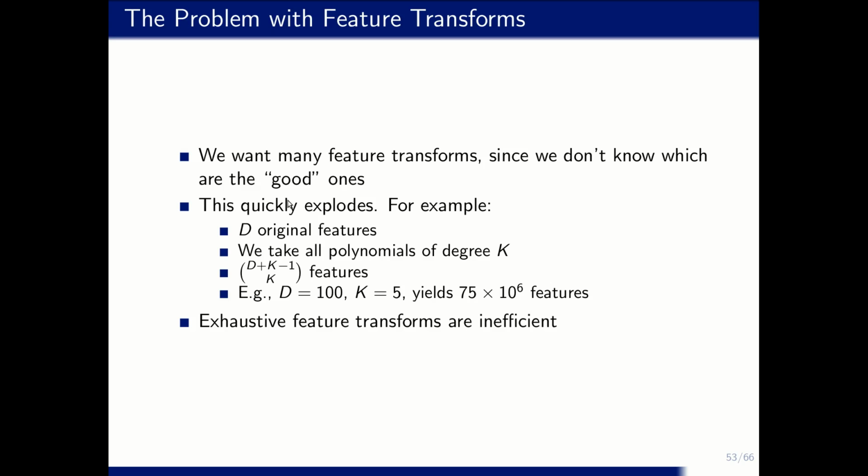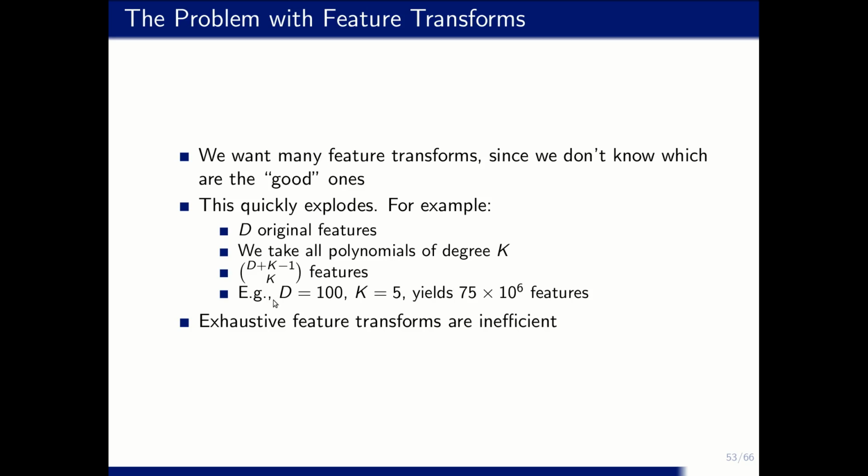So there's a main problem with feature transforms. We actually want to take many feature transforms, because a priori it's sometimes hard to guess which nonlinear features are the good ones. And we could just start adding features greedily, but this quickly explodes. If we, for example, stick to polynomials up to degree k, and we have d original features, then this produces (d+k-1 choose k) features.